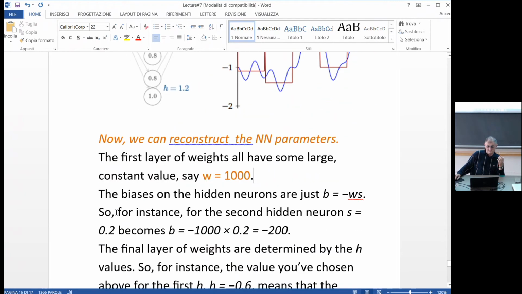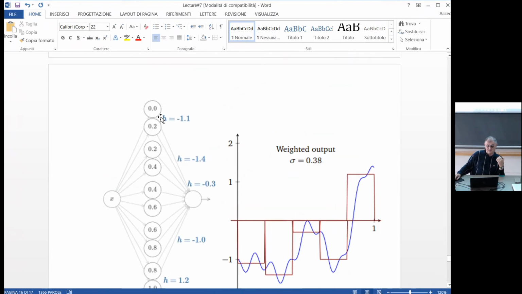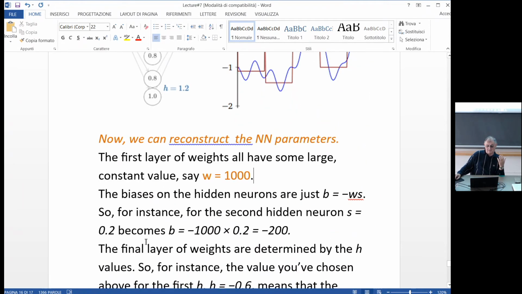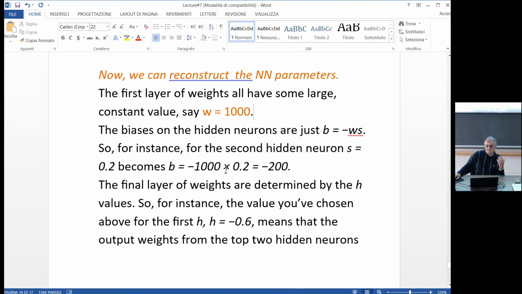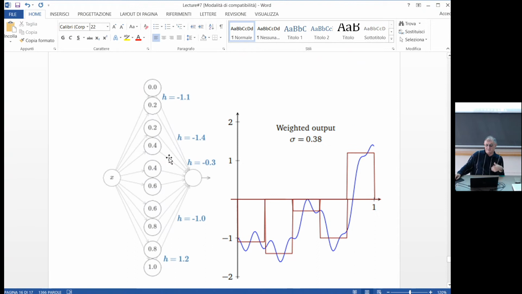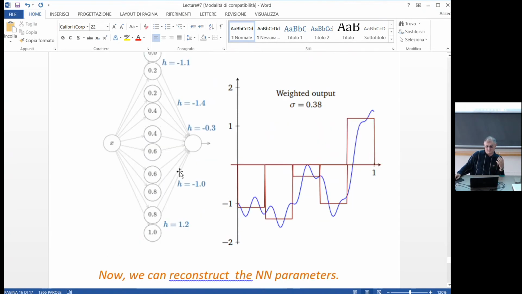The biases on the hidden neurons are just b equal to minus w times s. So, for example, bias from 0.2 to minus 200. From 0, it is 0, because we multiply by 0, and so on. So we can really calculate the biases of these nodes.